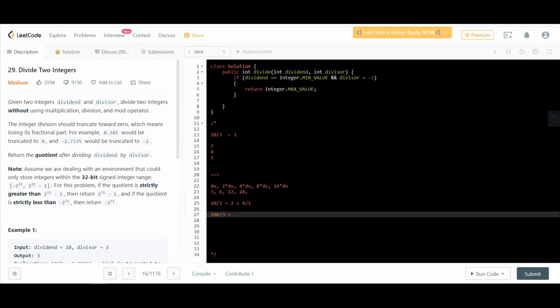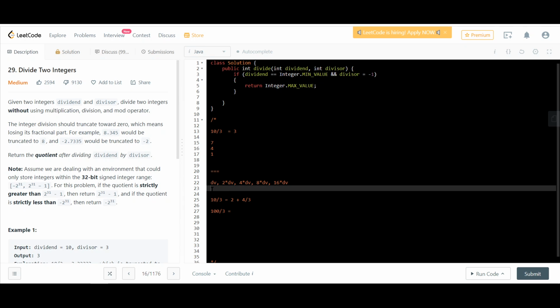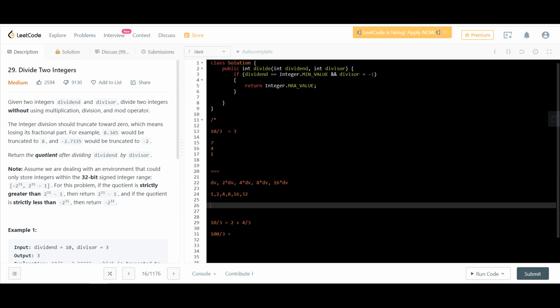Let's quickly check for 100. You'll have 1, 2, 4, 8, 16, 32. And you multiply these by 3, you'll get 3, 6, 12, 24, 16 times 3 is 48, 32 times 3 is 96, right?